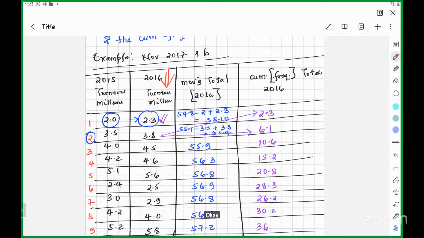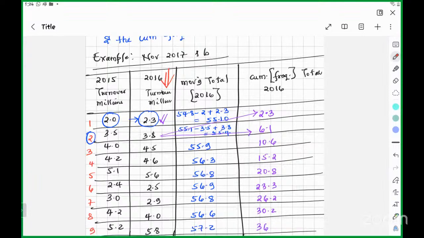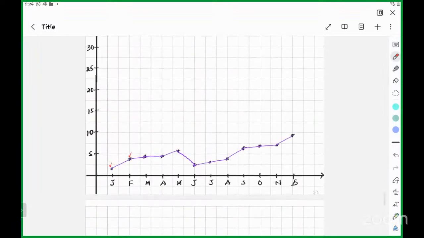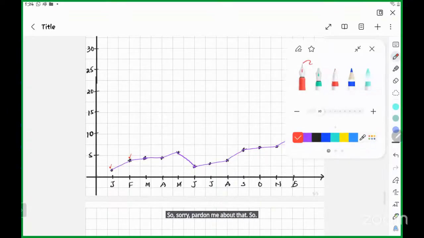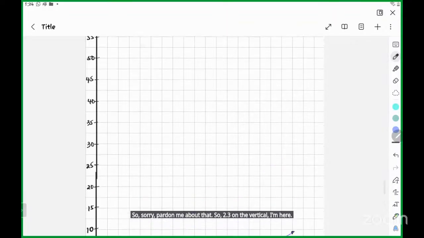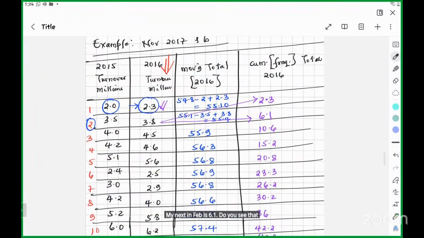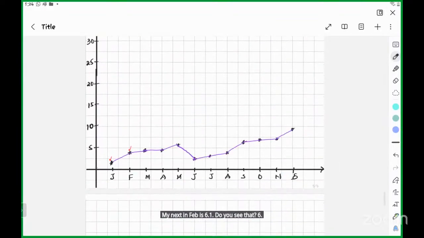We continue. So sorry, pardon me about that. So 2.3 on the vertical, I'm here. My next in Feb is 6.1. Do you see that? 6.1, I see you are ahead already. 6.1, I would put it here.